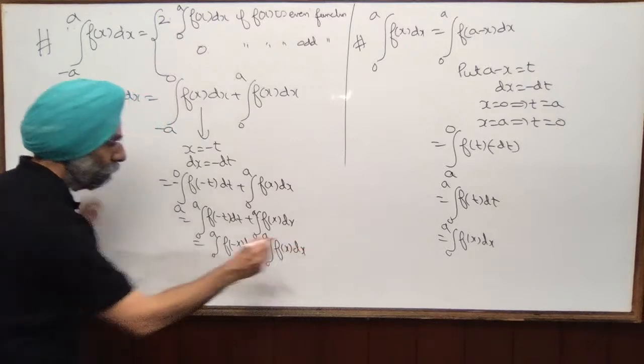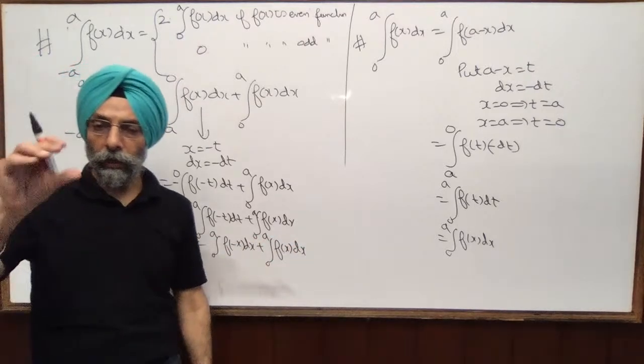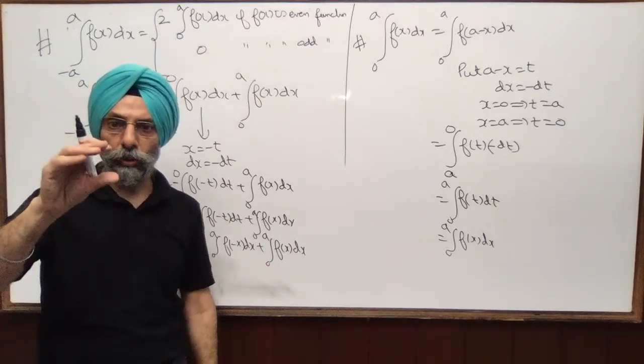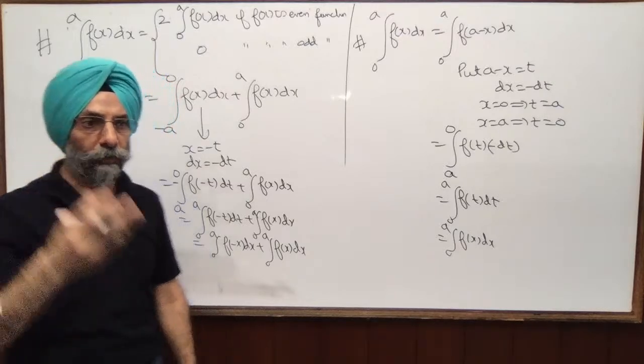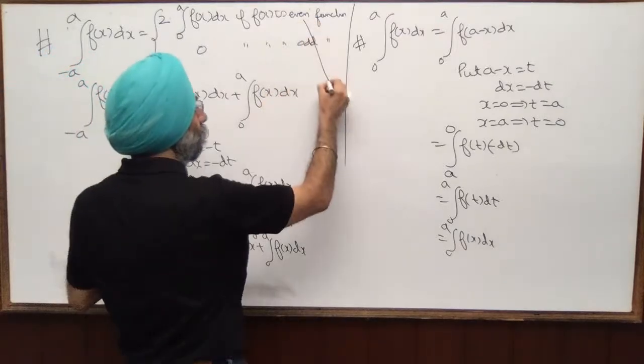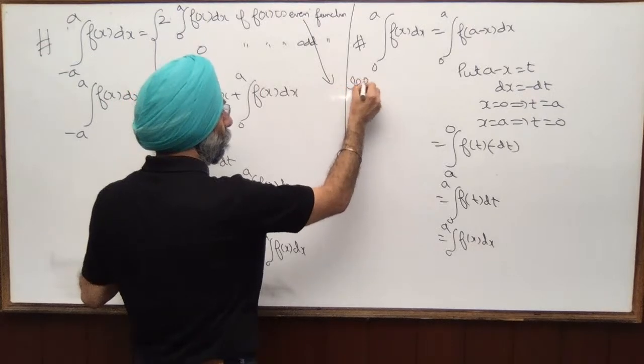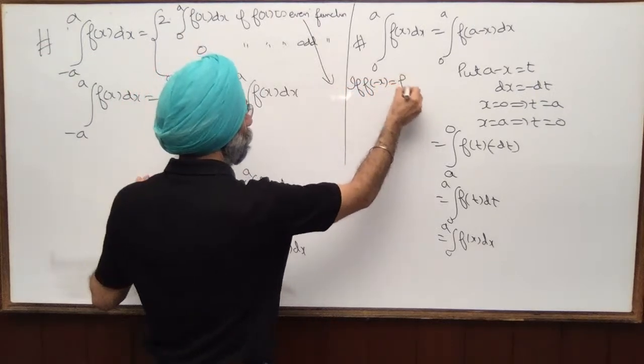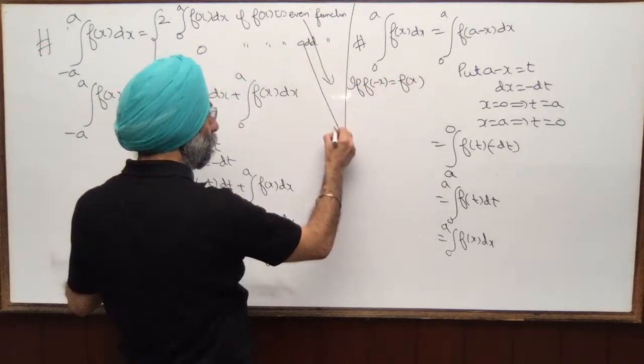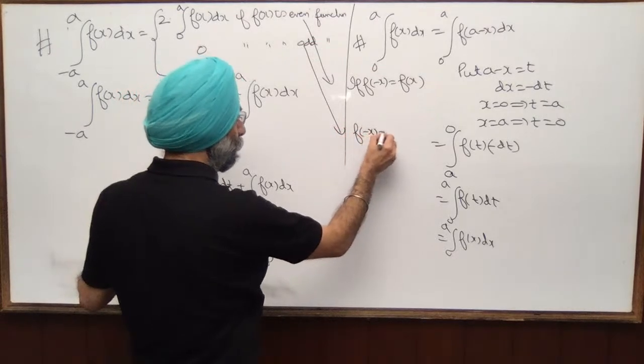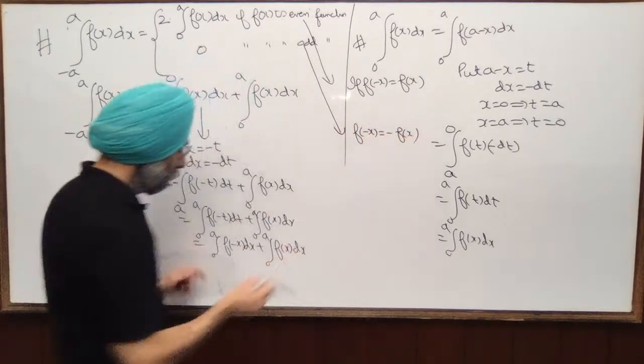to be the same. Now unfortunately maybe some student may not know what an even function is. Even function means if f of minus x is equal to f(x). Odd function means if f of minus x is equal to minus f(x).